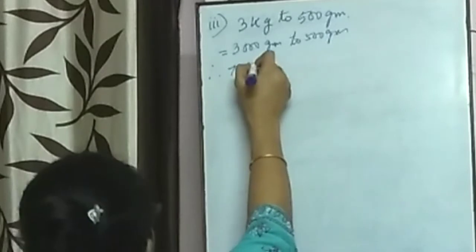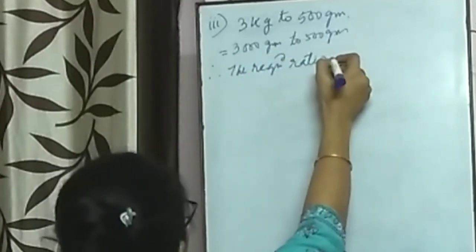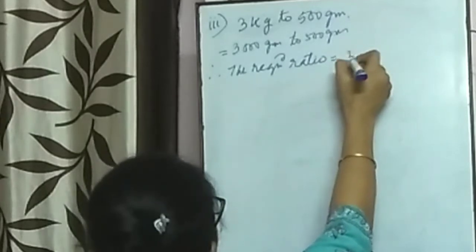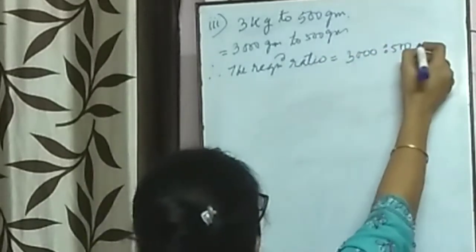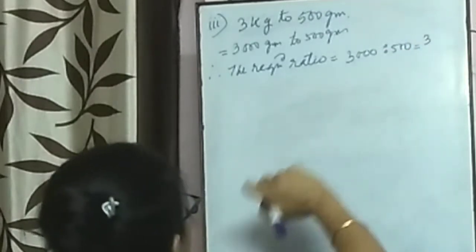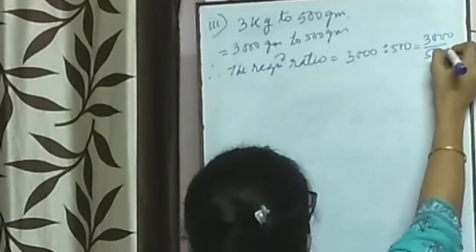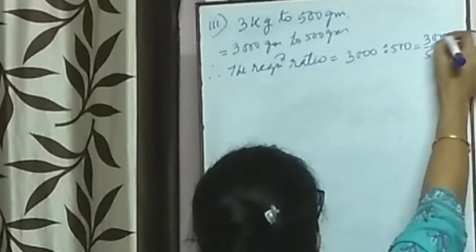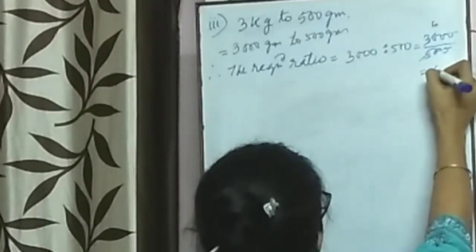Therefore the required ratio is equal to 3000 is to 500. So below there is 1, so 6 is to 1.